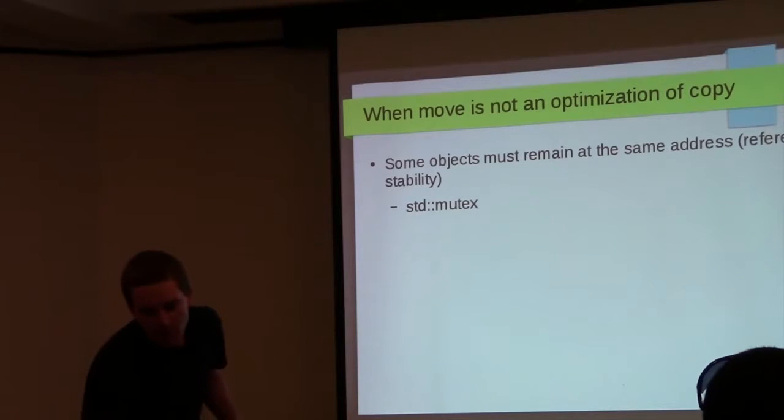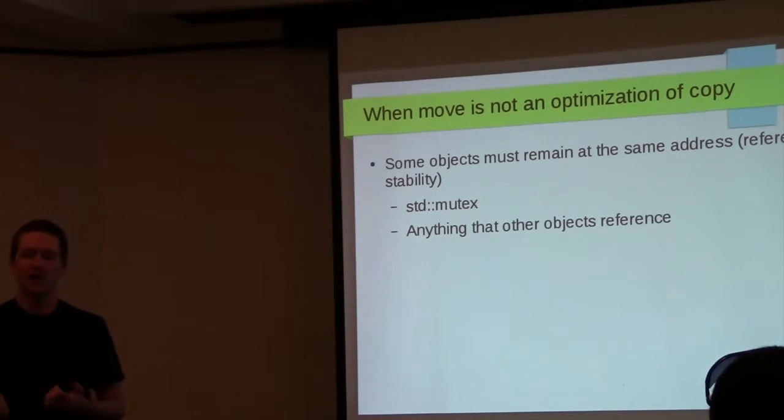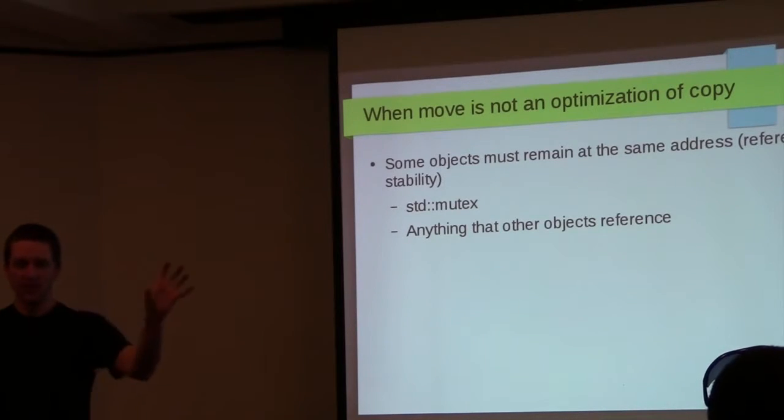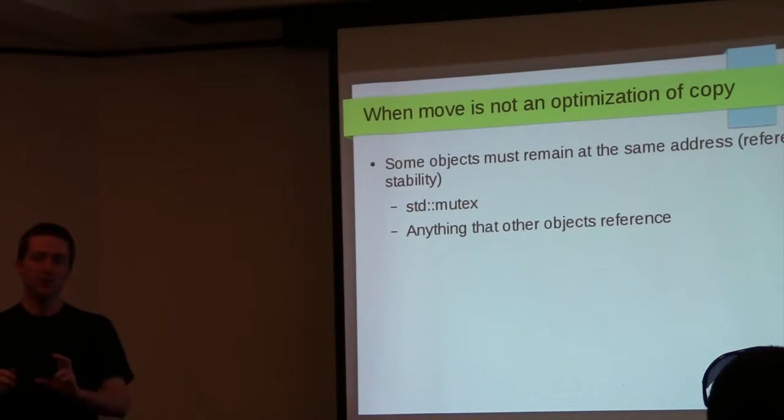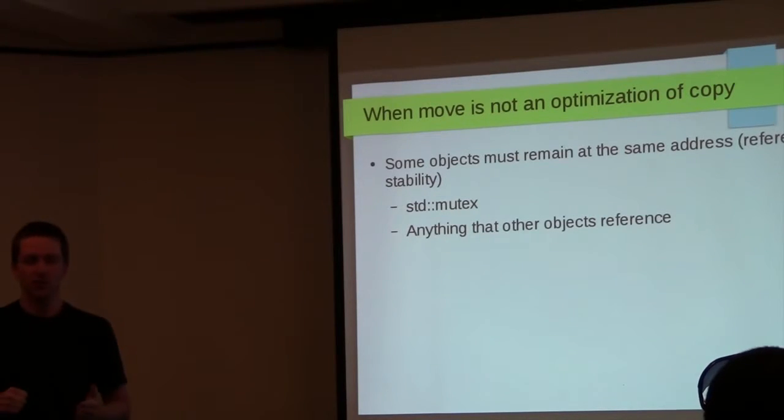Another example would be anything that other objects reference. I could create a function in here, pass out pointers and references to it, and then I want to transfer the ownership to someone else. As long as they're storing references and pointers to the object and not the pointer to the object, I can move that pointer around all I want. So I move the unique pointer that owns the object without invalidating anybody's pointers or references.